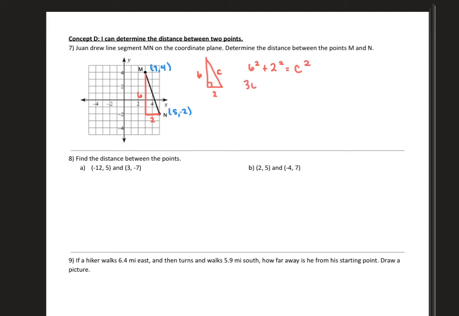So 6 squared is 36, 2 squared is 4. So we have C squared equals 40. And then the last step with Pythagorean theorem is to take the square root of both sides. So my exact answer is square root of 40. And then to get my approximate answer, we put square root of 40 in our calculator, and you get about 6.32.